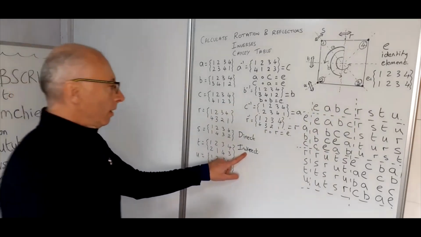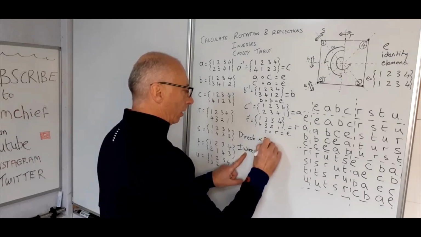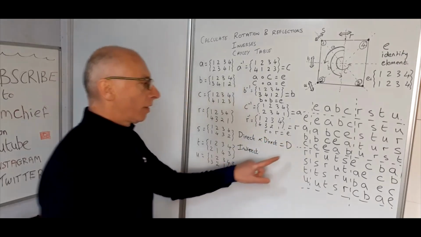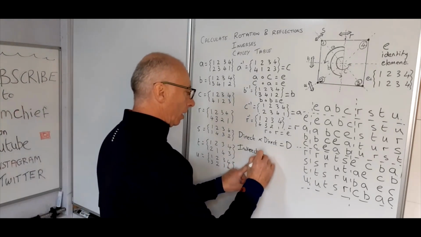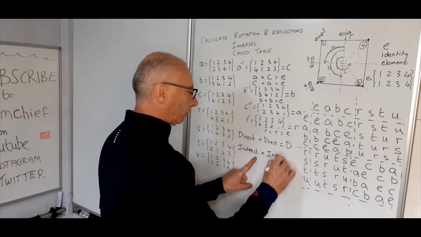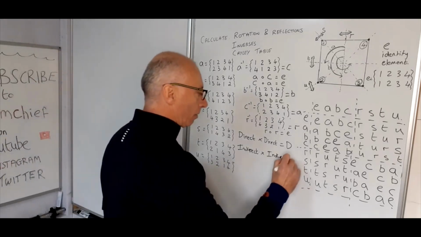Now the rule is a direct symmetry times a direct symmetry will always end up with another direct symmetry. An indirect multiplied by an indirect will always yield a direct symmetry.